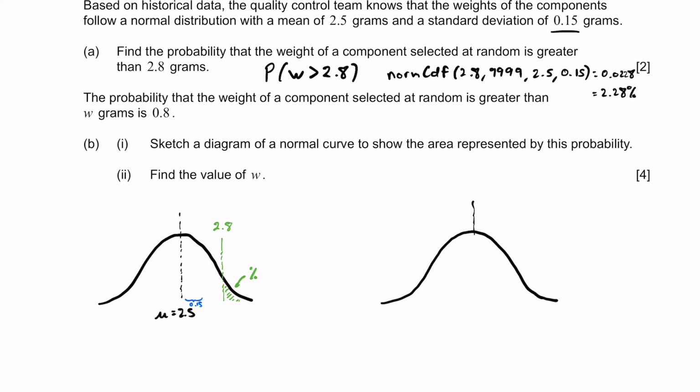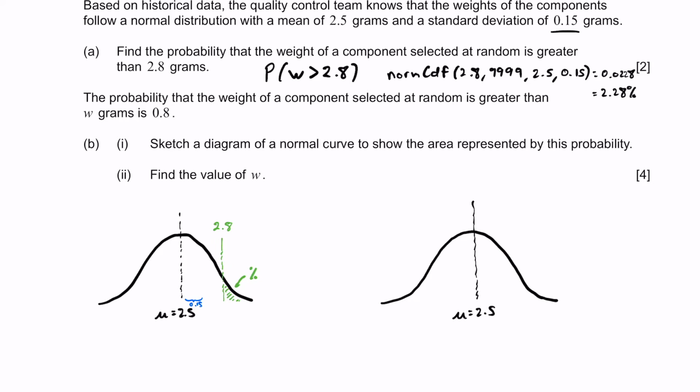It's centered and symmetric about the mean. Mean is 2.5. And in this case, we want the probability of a weight selected at random is greater than 0.8.